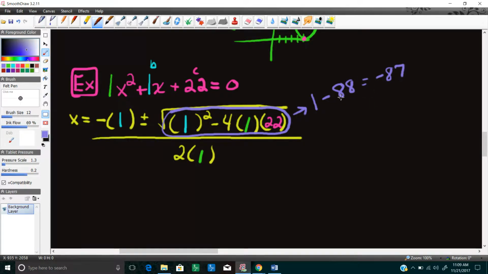So in this case, I have something very different, something that is not even factorable if I'm correct. So I'm going to rewrite that. This is equal to negative 1 plus or minus the square root of negative 87 all over 2.